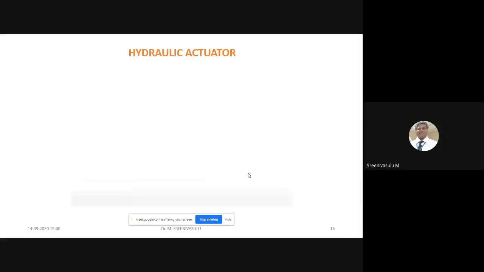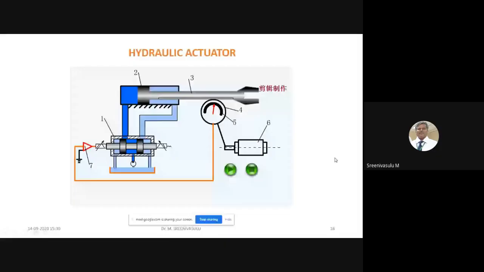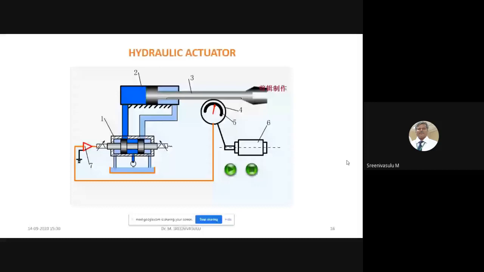Now let us see this. This particular hydraulic actuator is actually giving us... Are you able to see this?